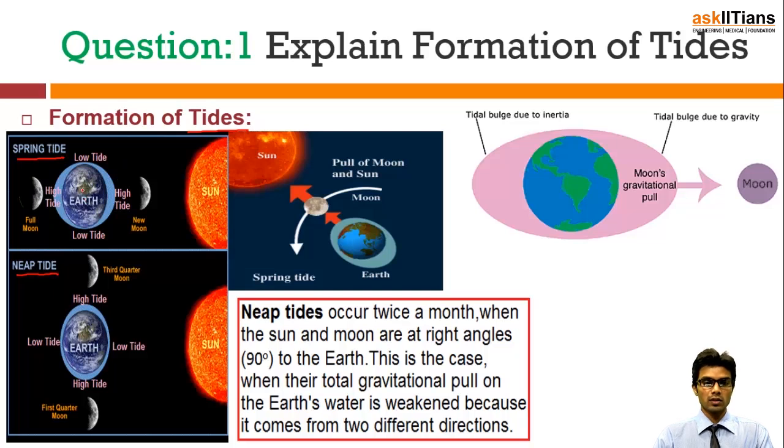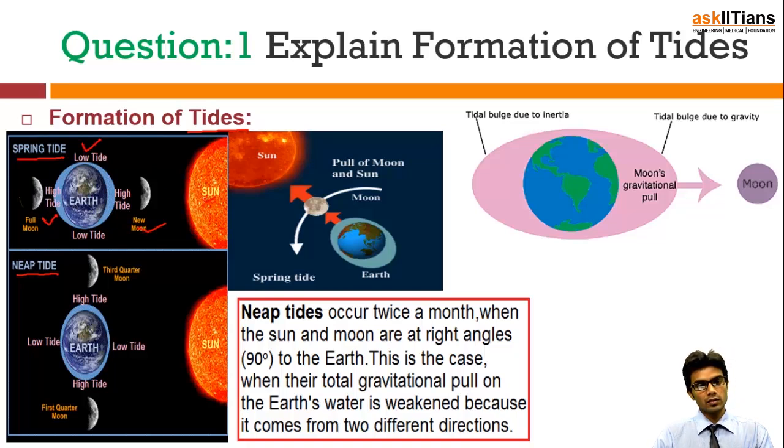Now here is the sun. Now I am going to explain spring tide. Here is the sun, this is the earth, this is the moon. Formation of this tide occurs two times in a month, at full moon and new moon.